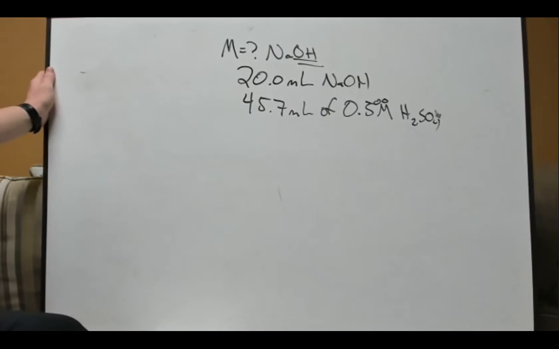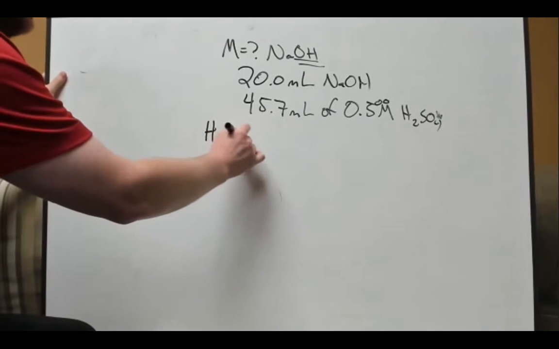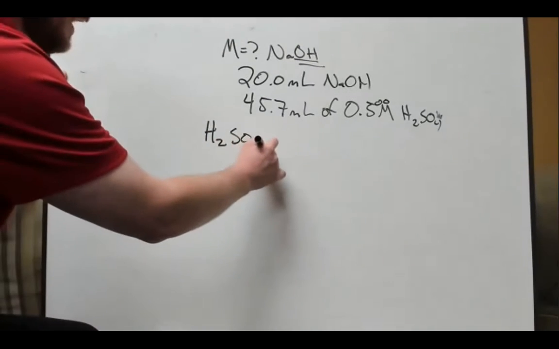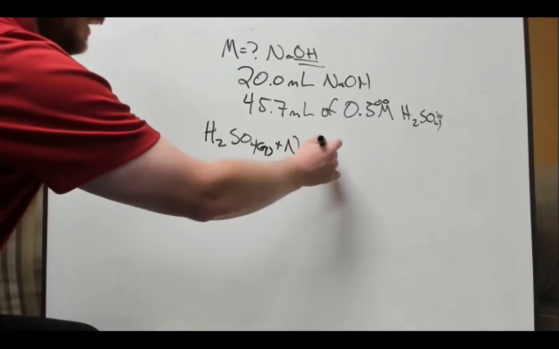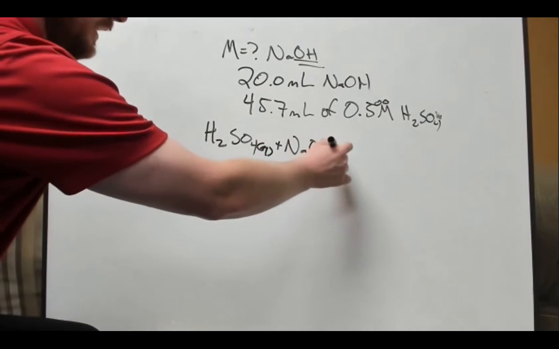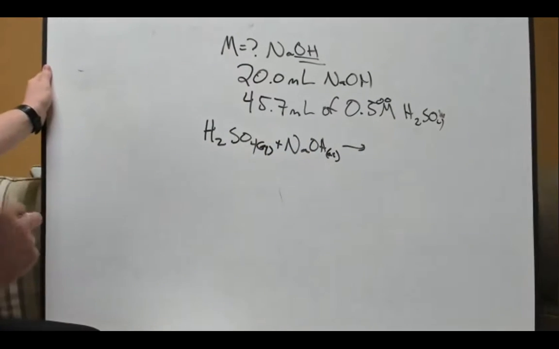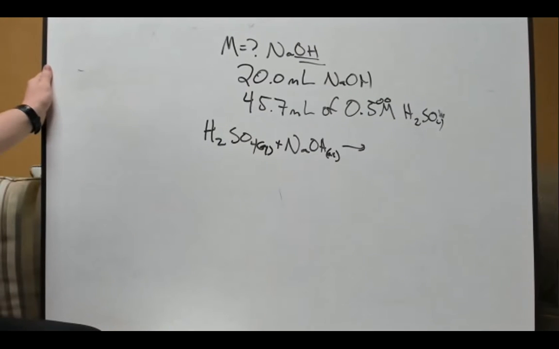To solve this problem, what do we need first? Exactly, we need a balanced equation. So I'll work through the equation with you. We have H2SO4, which is the acid, aqueous, plus sodium hydroxide, the base, aqueous. And that's going to lead to, and it doesn't matter whether there's 1 or 2 or 3 or 10 protons on here, what are the 2 results of an acid-base reaction?